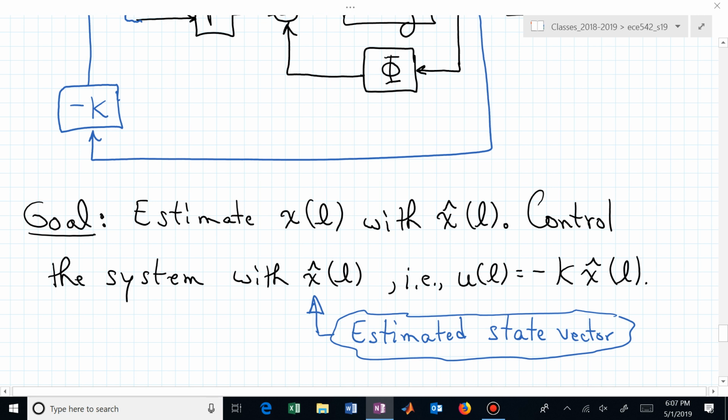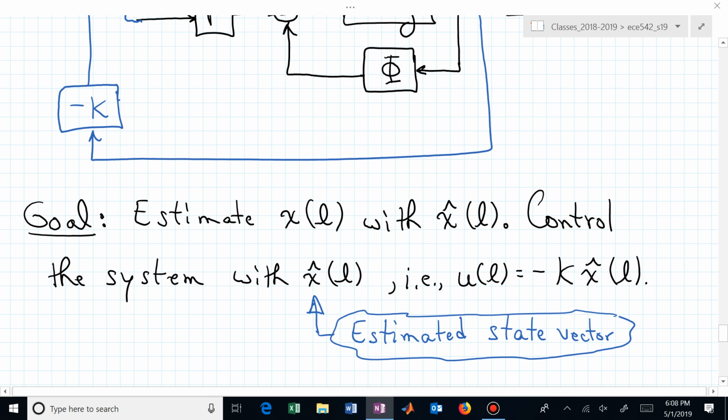So there's a trade-off between how fast you make your estimator versus the performance of your closed loop system. So I can't really tell you, oh, make it a factor of 2. Oh, make it a factor of 5. Oh, make it a factor of 10.